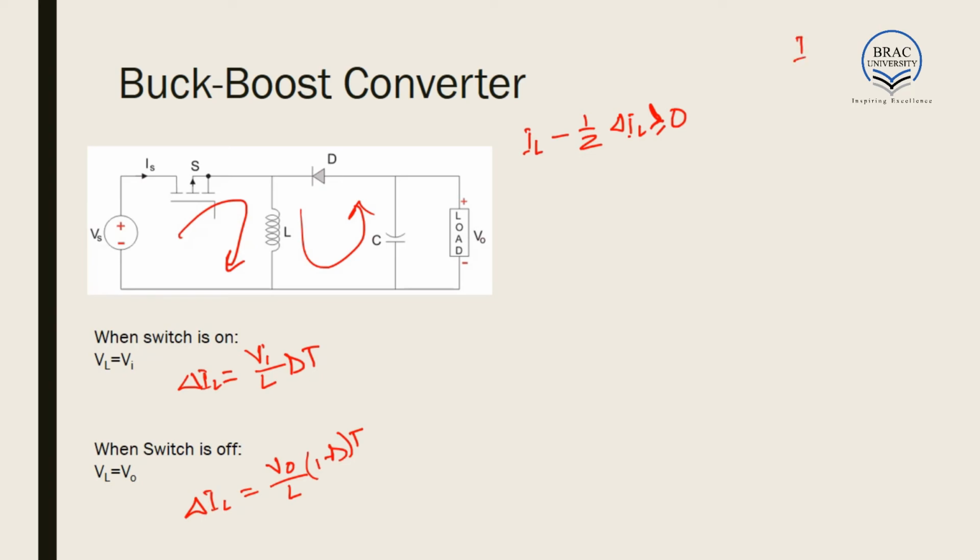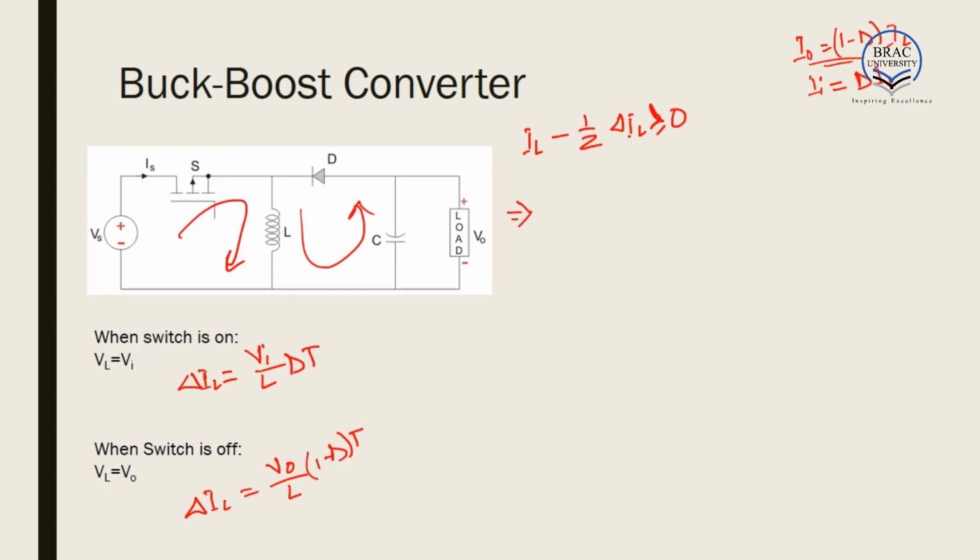So we can write I output is equal to (1 minus D) into IL, and I input is equal to D into IL. If that is the case, we are considering I output here.